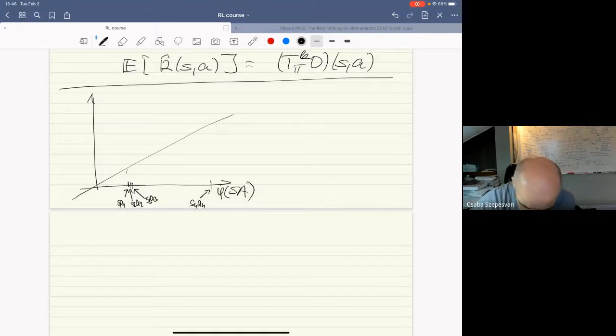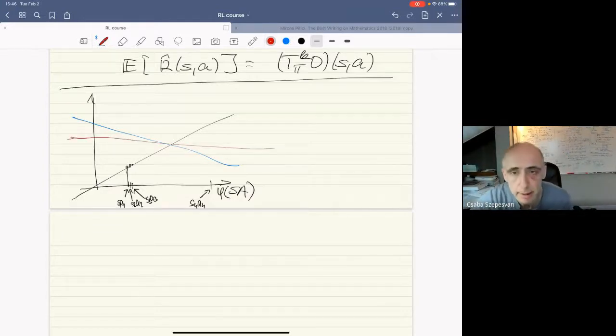Then you will be able to measure whatever this function is. This function could be not just like that. It could be like this. It could be any function. It could be totally flat. It's just linear, some line. You're going to measure it in noise, because we have simulation noise and some error as well. So you don't get exactly this value. You get some value in the vicinity of this.